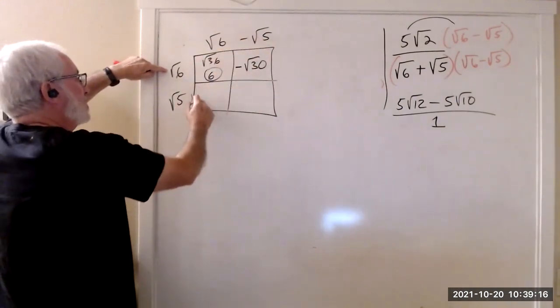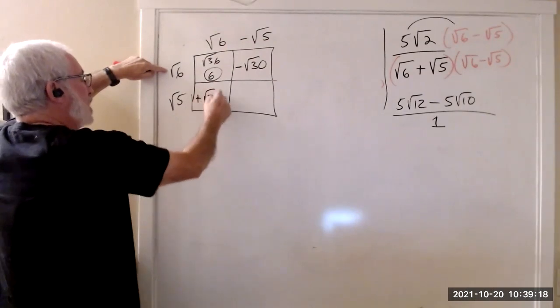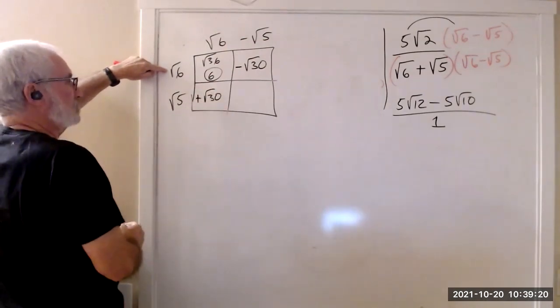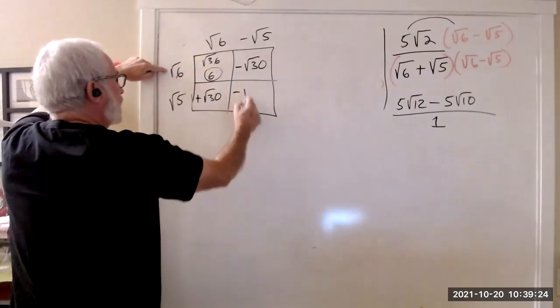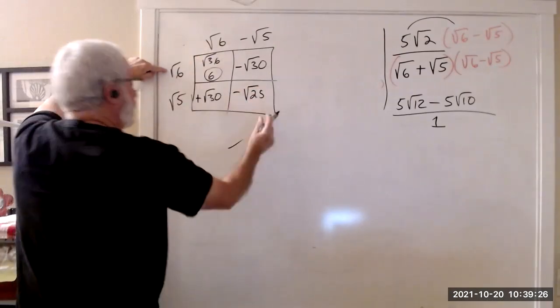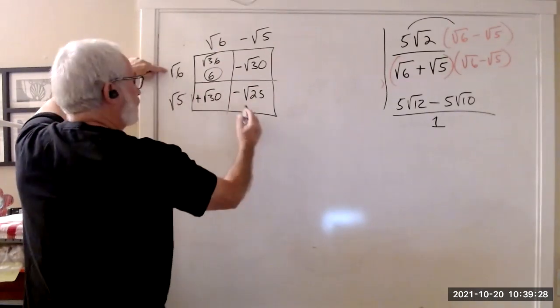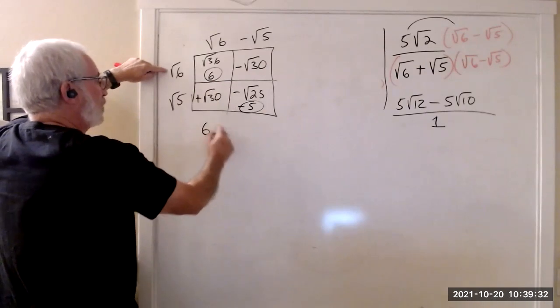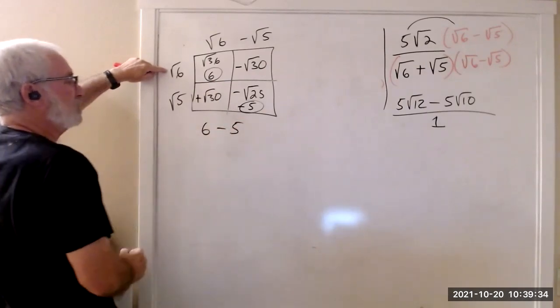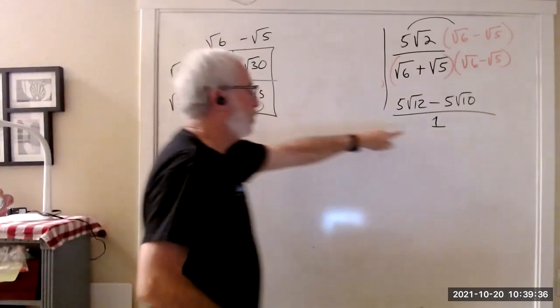This is positive radical 30. Inside, inside, outside, outside. This is negative radical 25. But the square root of 25 is 5, so minus 5. So you have 6 minus 5. So you do have a 1.